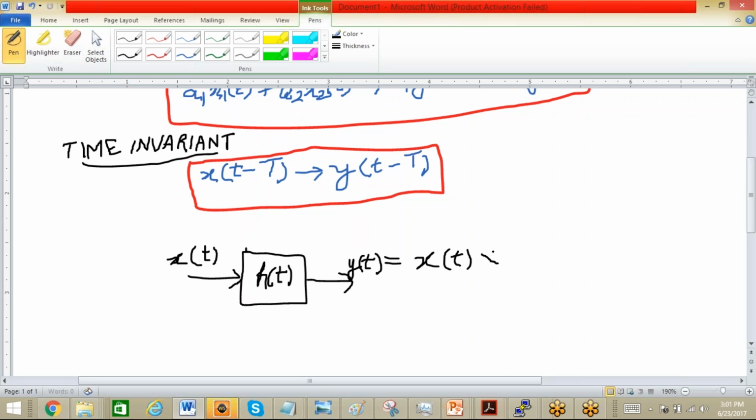The convolution here is represented by this asterisk, and this particular symbol is called the symbol of convolution.